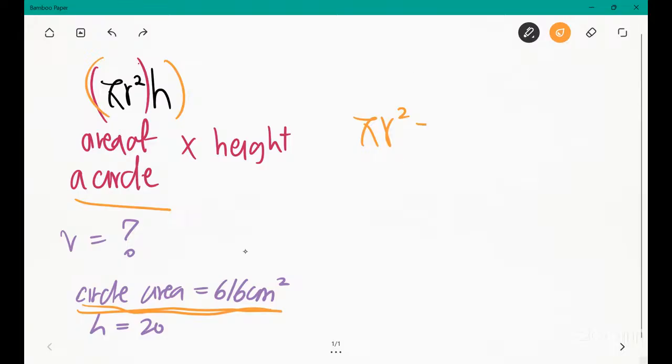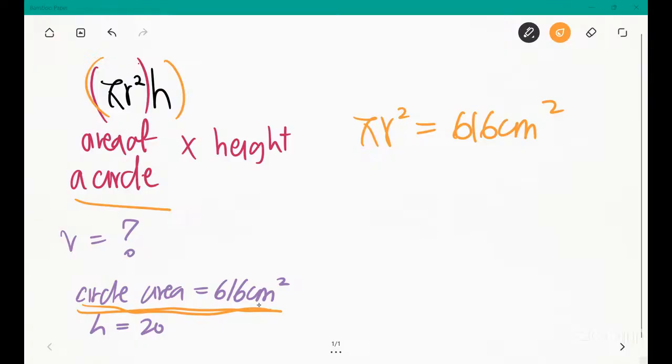They have given you it as 616 centimeters square. Did you understand this? Understood. Okay.